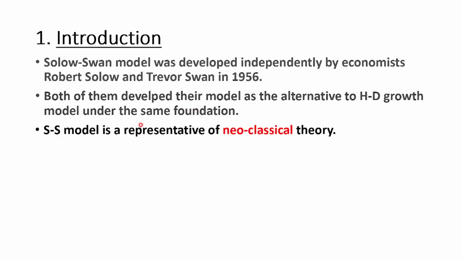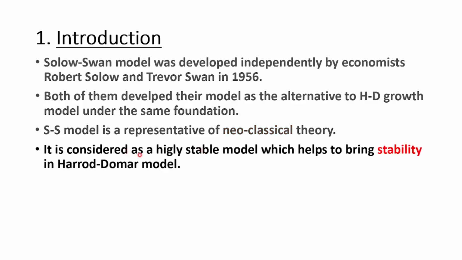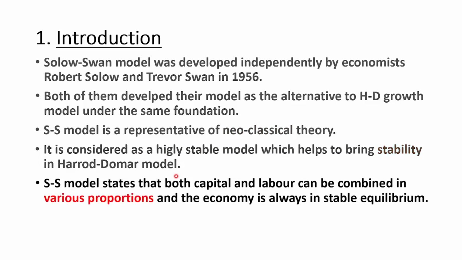under the same foundation. So SS model is a representative of neoclassical theory because it is based on Cobb-Douglas production functions and neoclassical diminishing returns and marginal concept. So it is considered as a highly stable model which helps to bring stability to the Harrod-Domar model.